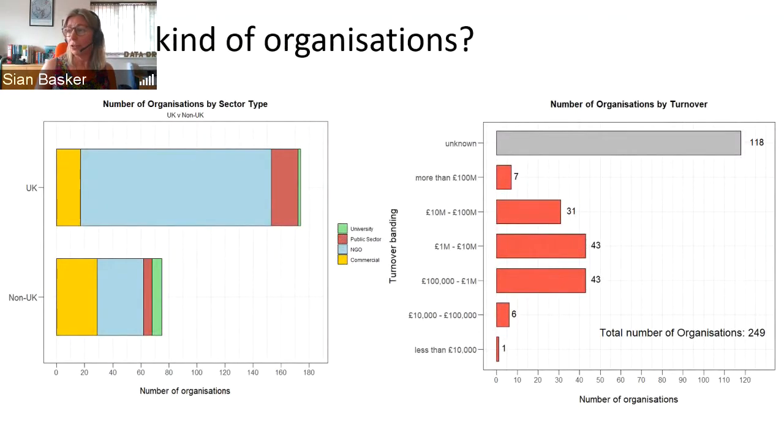So what kinds of organisations are using it? We're quite fascinated by this. Although it was primarily aimed at the non-profits, the non-governmental organisations, we found it was used quite a lot by public sector organisations and also by commercial ones. And they're quite a range in terms of their size and turnover as well.